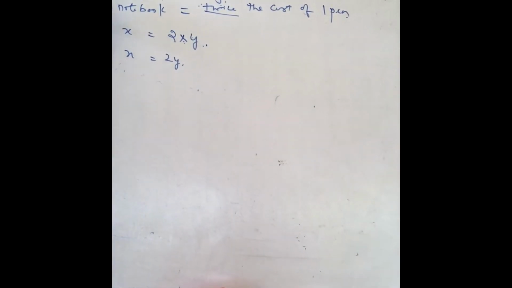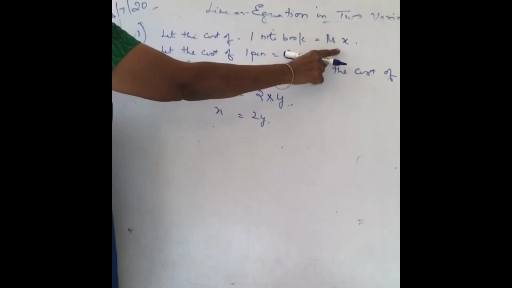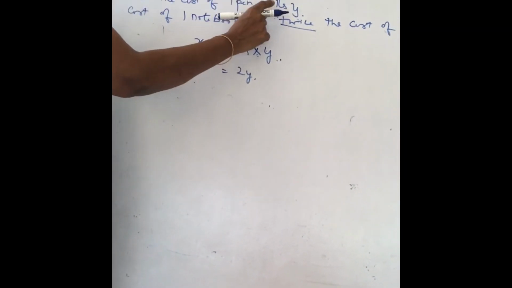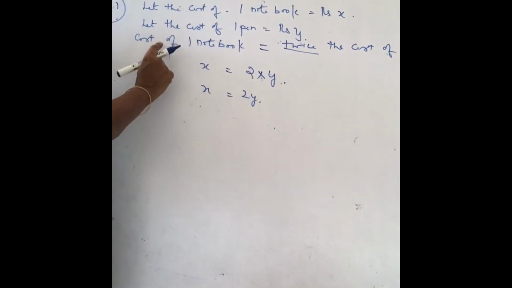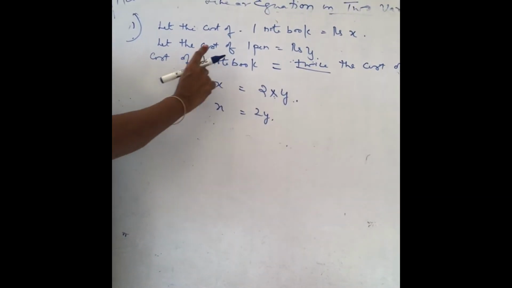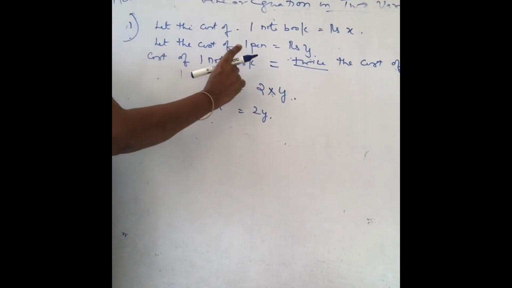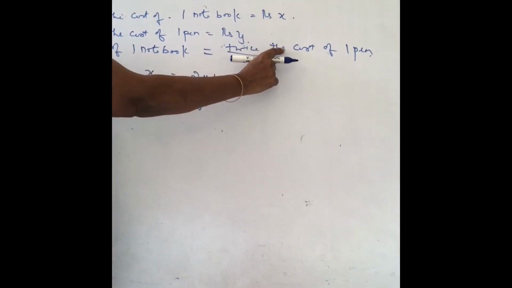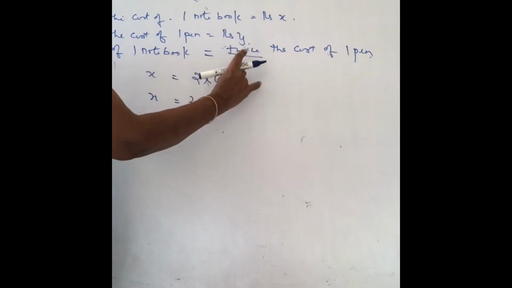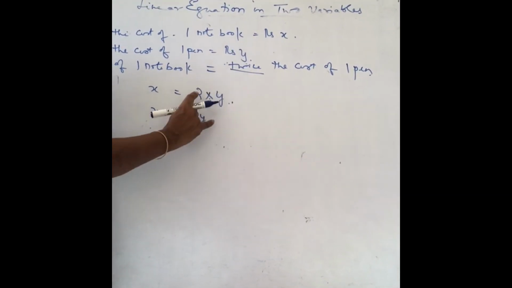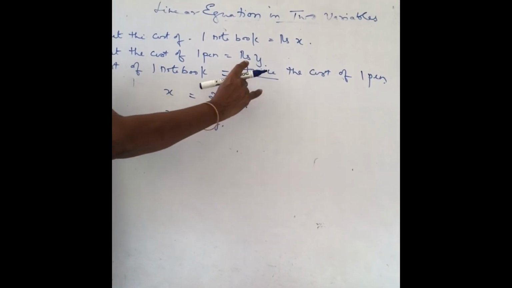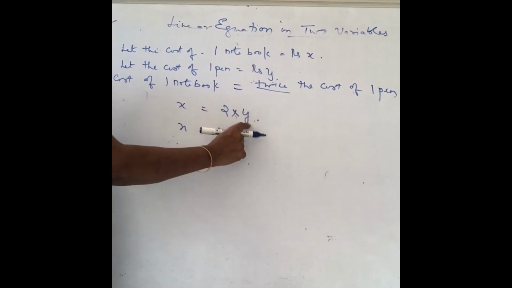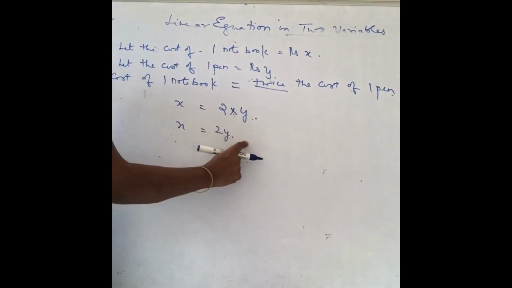Yes, one notebook cost is rupees x, one pen cost is rupees y, and in the question you are given, children, the cost of one notebook is twice the cost of one pen. What is the meaning of the word twice? 2 into. What is the cost of one pen? y. 2 into y, 2y.